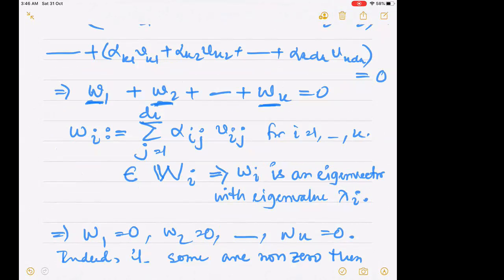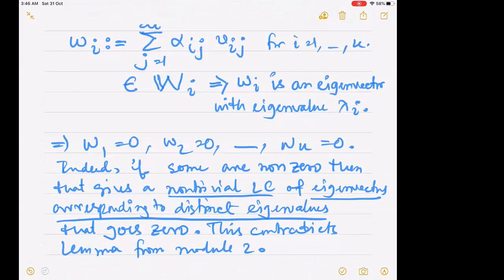Let's say everything is 0 but w1 and w2 are non-zero, then I have w1 plus w2 going to 0. That's a non-trivial linear combination of two eigenvectors which correspond to distinct eigenvalues lambda 1 and lambda 2, right? Which is contradictory. So therefore all of them must be 0. Then and only then is that possible.